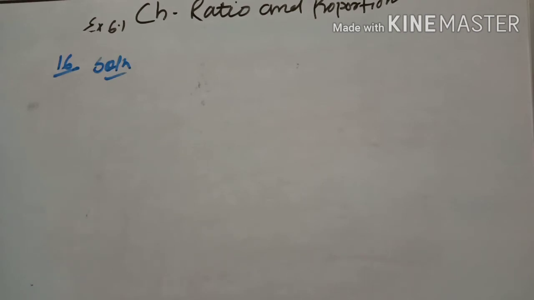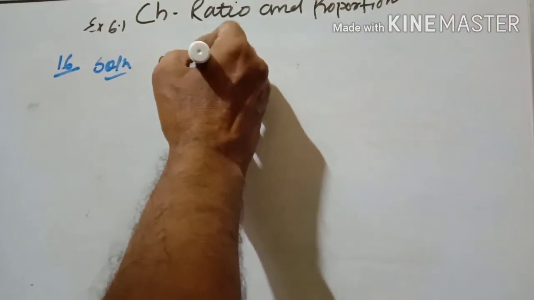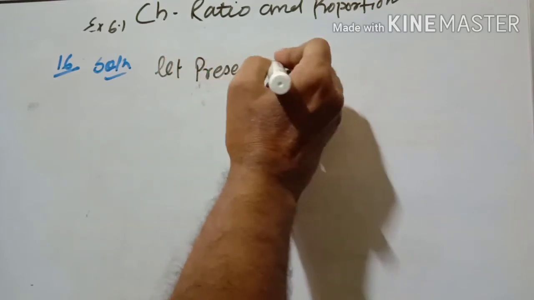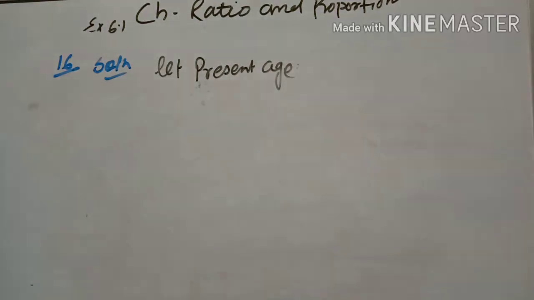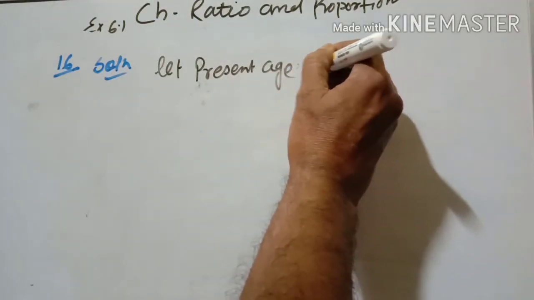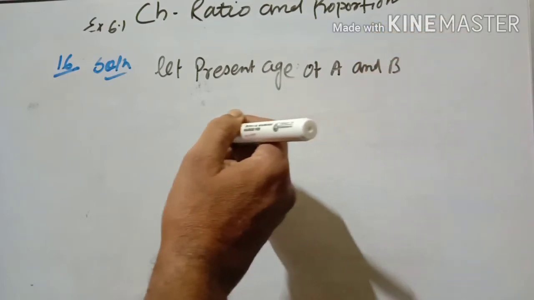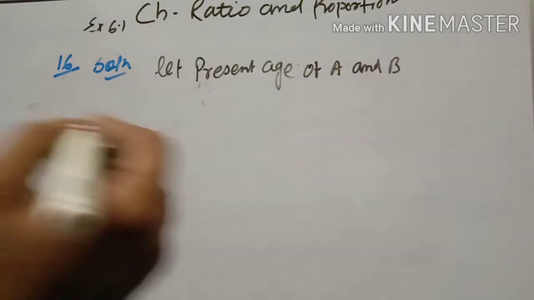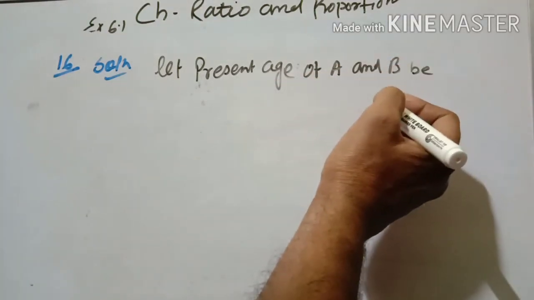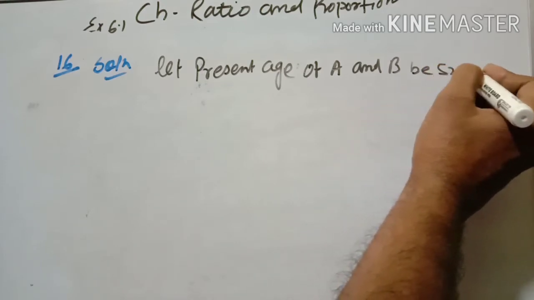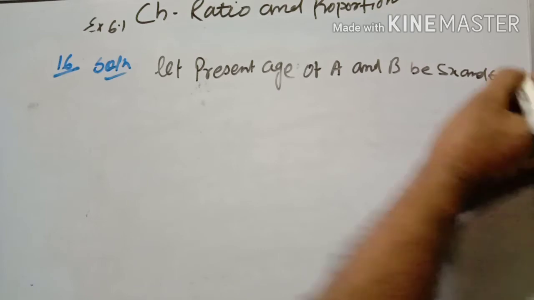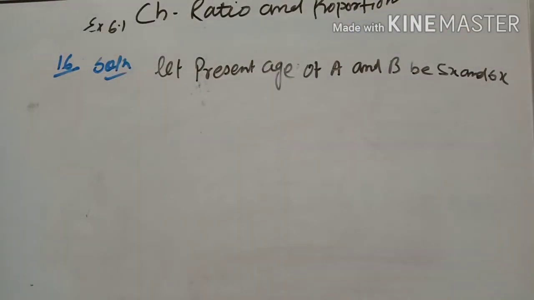So first of all, let the present ages of A and B be 5x and 6x respectively.